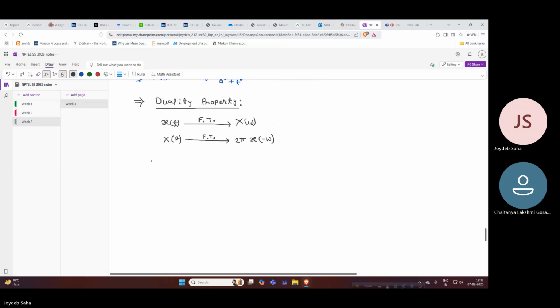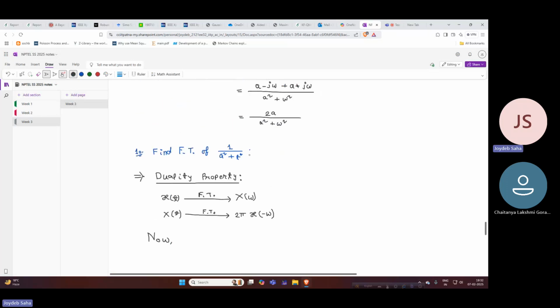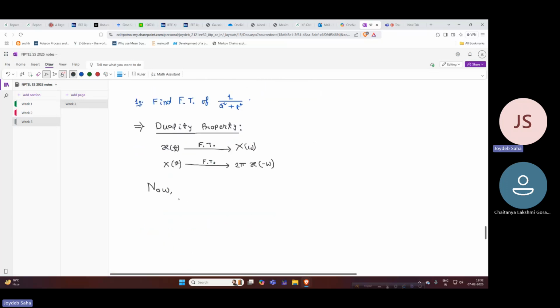Now, from the previous question, we know that e to the power minus a mod t has Fourier transform 2a upon a square plus omega square.